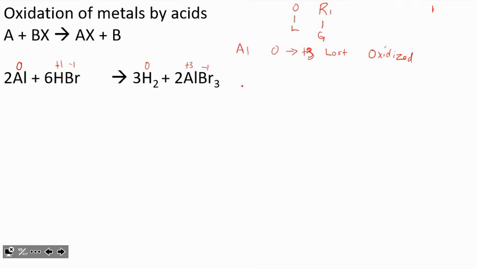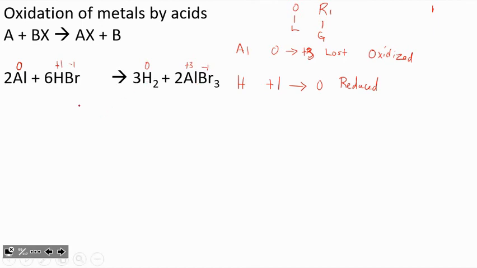Our hydrogen went from a +1 to a 0. So if it went from a +1 to a 0 over here, that means that it gained electrons because it became more negative. And a gain of electrons means that it was reduced. Okay. Our bromine was unchanged. It was a -1. It stayed a -1.